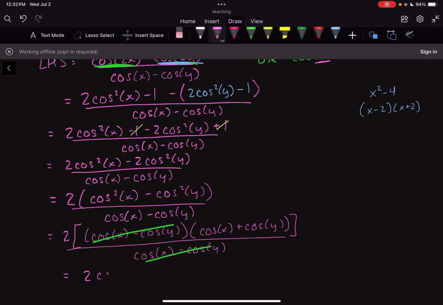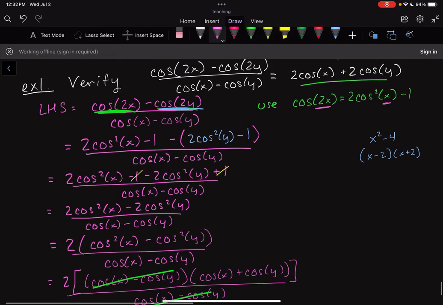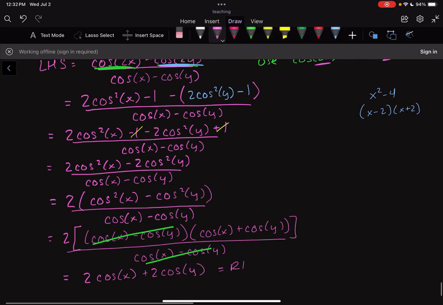So I get 2 cosine x plus 2 cosine y, which equals my right-hand side, so I'm done. So this was just an example of using the identities to help you simplify or verify.